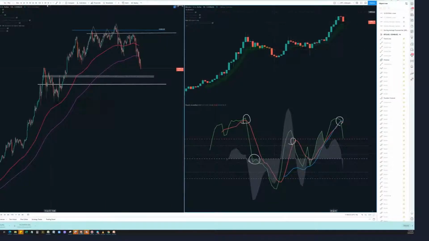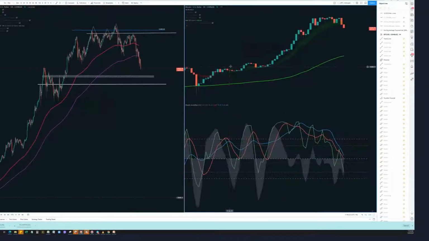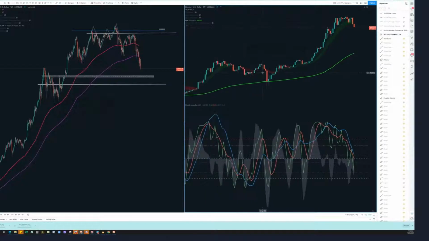Let's look at the weekly, see what the weekly looks like. Weekly looks shit.